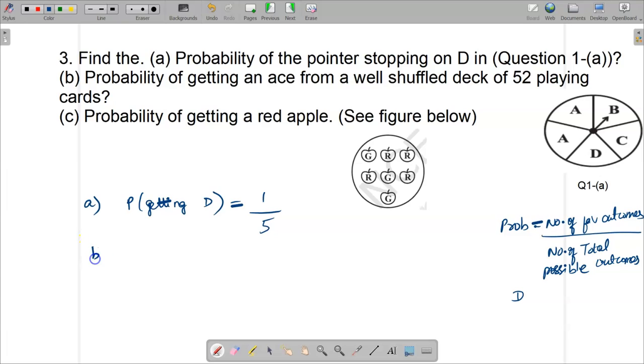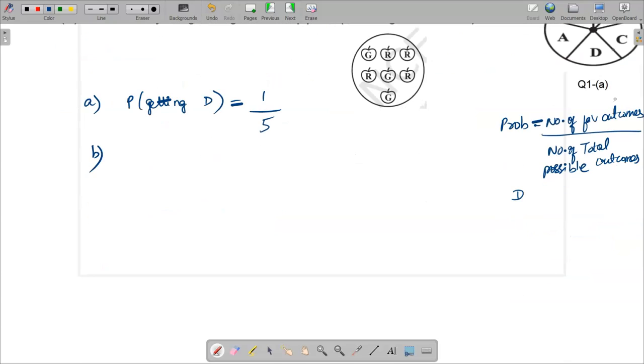And then B, the probability of getting an ace from a well shuffled deck of 52 playing cards. So we have to get an ace from a deck of 52 playing cards. Whenever we have playing cards, totally we have 52 playing cards. Out of 52 playing cards, you have a set of black color and a set of red color. So 26 black cards and 26 red cards are there.